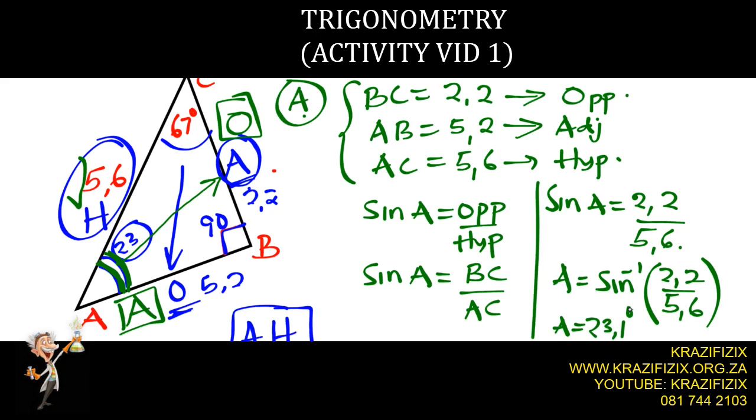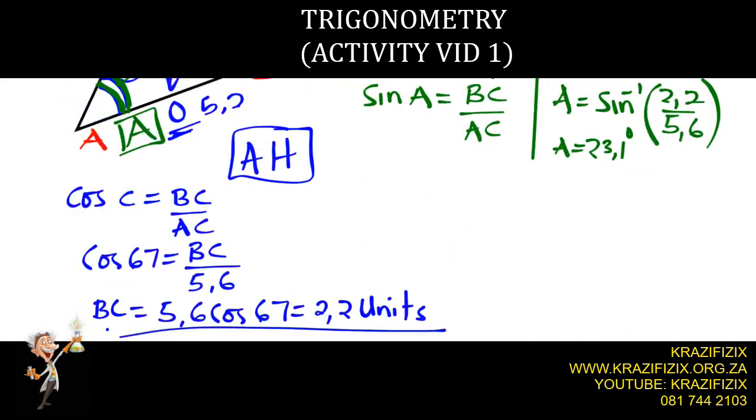So go through again, looking at angle A, which one is the opposite, which one is the adjacent, and which one is the hypotenuse. Then you can use any of the trig ratios. Let's try to use cos. What will my cos A be? Remember what cos is?